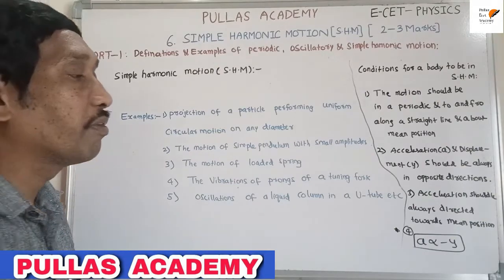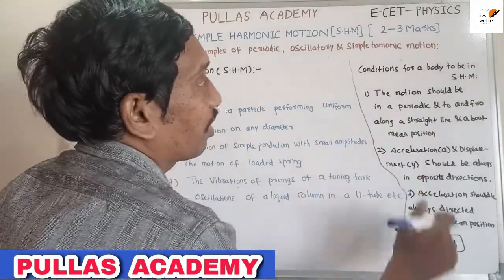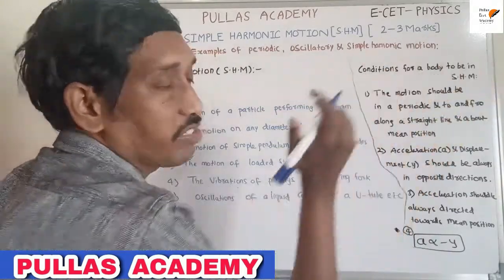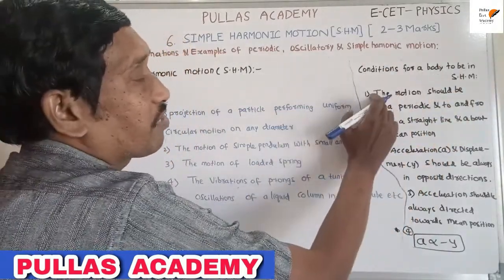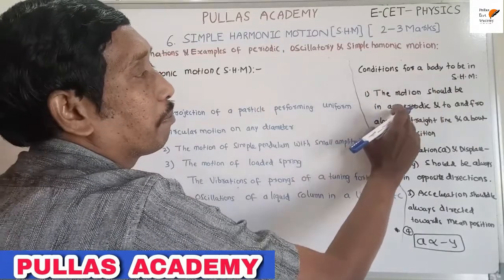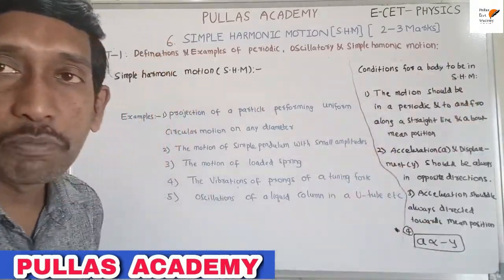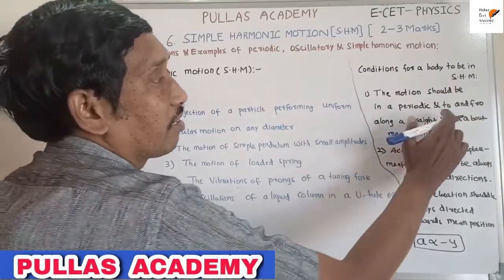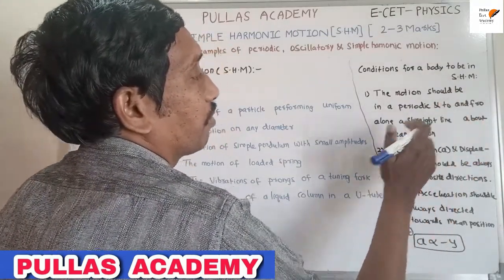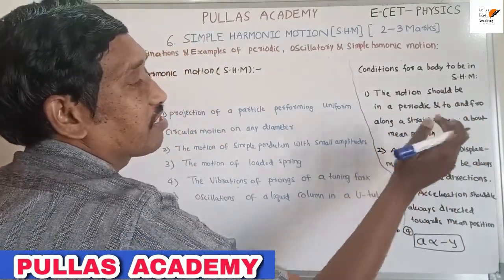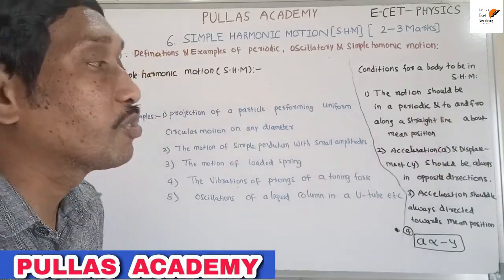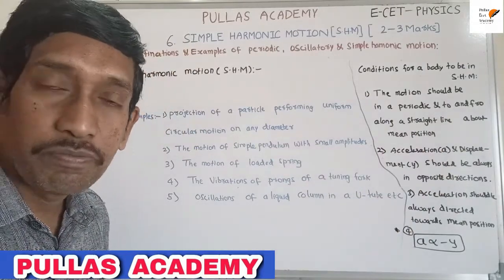From that example you have to understand why these are the conditions for a body to be in S.H.M. Once again, the first condition: the motion should be periodic and to and fro along a straight line about the mean position. Second, acceleration and displacement should always be in opposite direction.